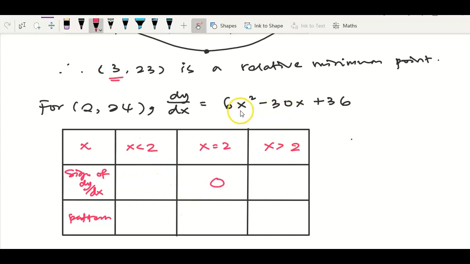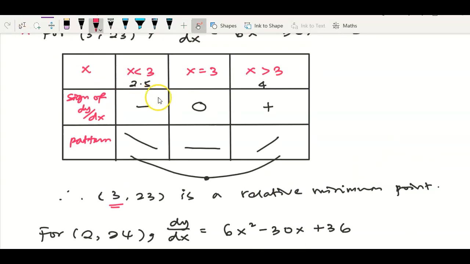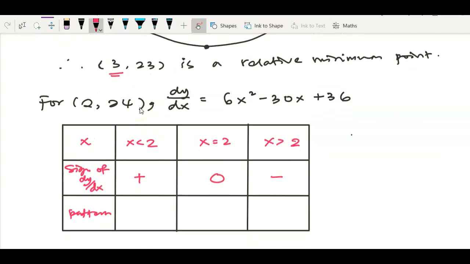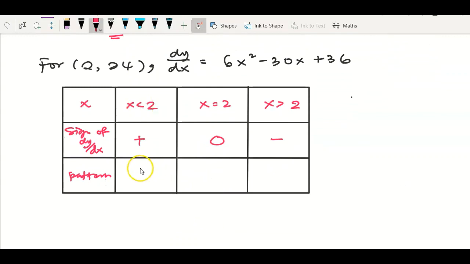Substitute 1 inside, you will have 6 minus 30. That will be negative 24. Negative 24 plus 36, you get a positive sign. Substitute 2.5, here you get a negative sign. Just now, we already did this. Substitute 2.5, you get a negative sign for dy dx. So from the sign of the dy dx, you can trace the pattern of the y.